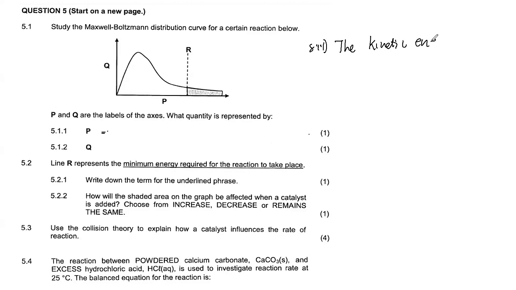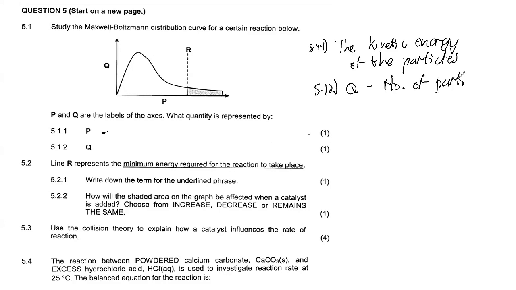So for P, we always have the kinetic energy of the particles, or sometimes they say of the molecules, same thing. And then for Q, what we have most of the time is the number of the particles, right? So number of particles.